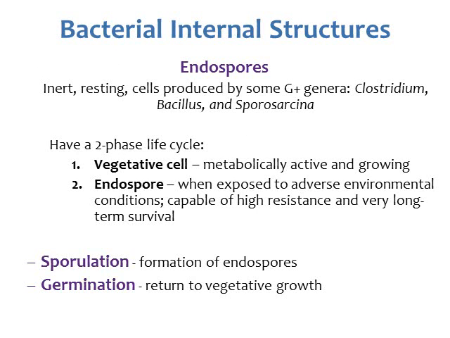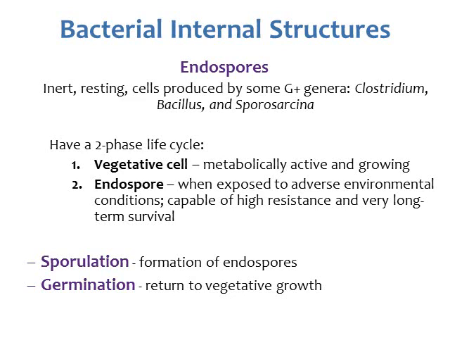Another internal structure that some bacteria cells can create are called endospores, or you'll see it as spores. These are inert resting cells produced by some gram-positive bacteria, so Clostridium, Bacillus, Sporosarcina. And these endospores, we'll get to it, but endospores help the bacteria cell survive really, really bad environmental conditions.